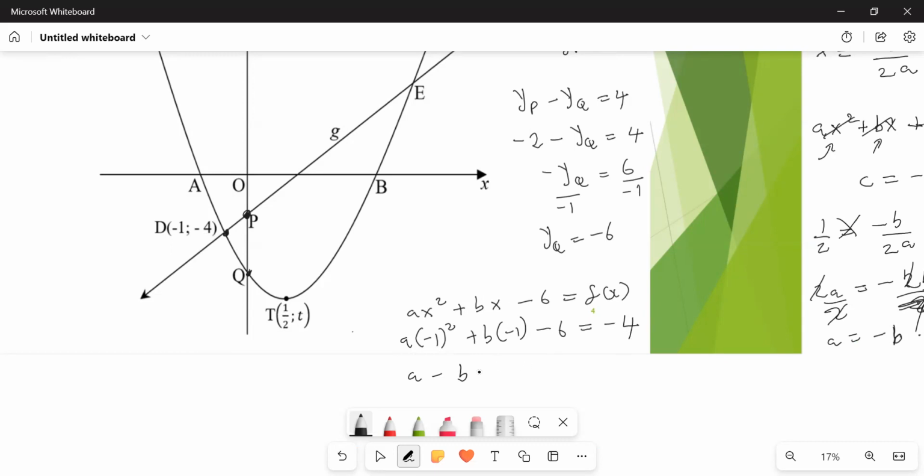So a minus b is equal to 2. I can call this my equation 2.